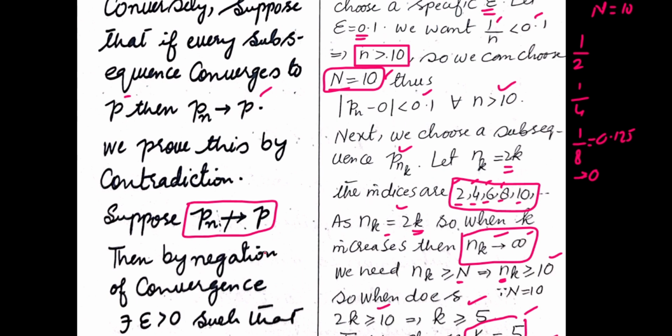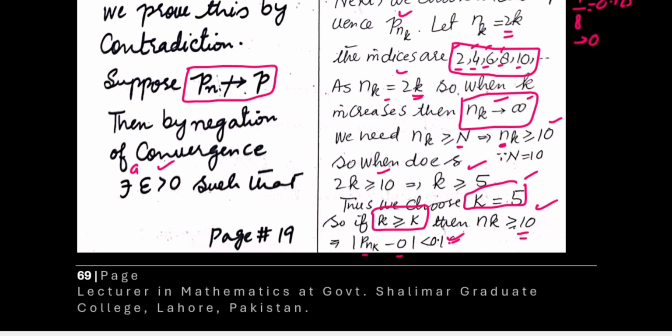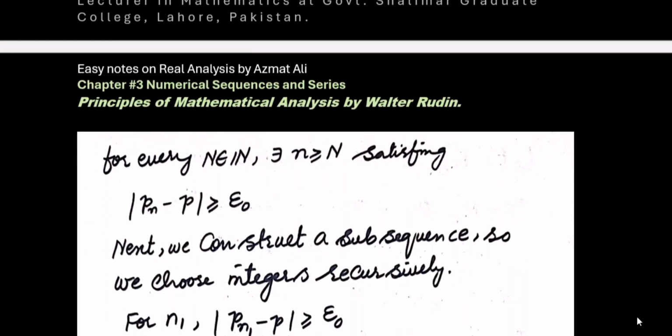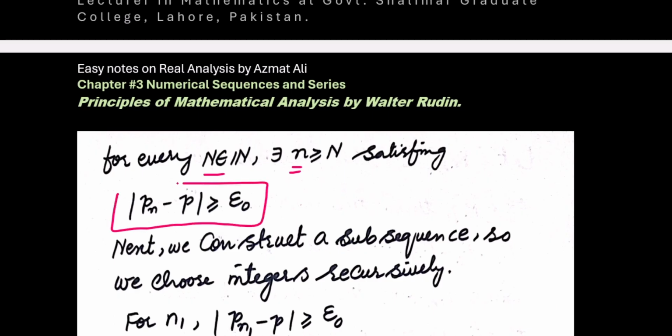Then by negation of convergence, when we say a sequence does not converge, it means there exists some epsilon greater than 0 such that for every N, whatever N you choose, there exists a small n greater than or equal to N satisfying this inequality, because your sequence does not converge. So in this case, |pn minus p| will not be less than epsilon. This will be greater than or equal to epsilon naught.